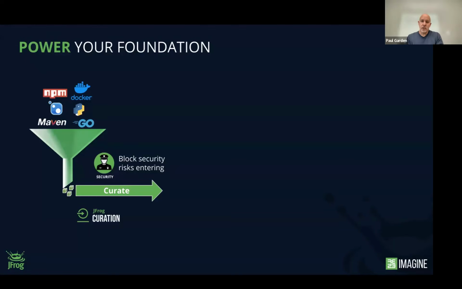What you do with curation is add another layer, and it feels like it's sitting outside of your organization, monitoring, like a security guard, the packages coming into your software development environment. So you're trying to block the problems you want to keep out before they even get to Artifactory, which is kind of shifting left security, but even more left than just shifting left.